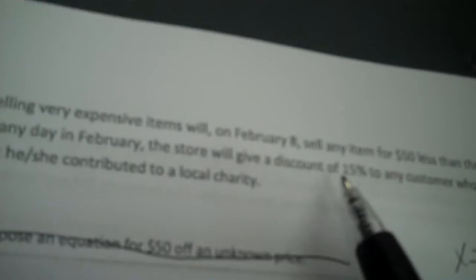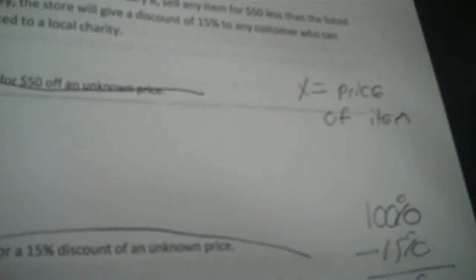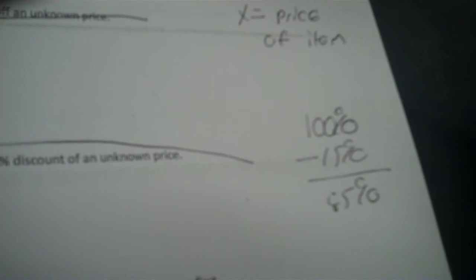What I had to begin with was 100% of the price, and if it's a 15% discount, you're going to minus the 15% from that. So 100 minus 15 is 85%, okay? Because a discount takes off 100% of the price.